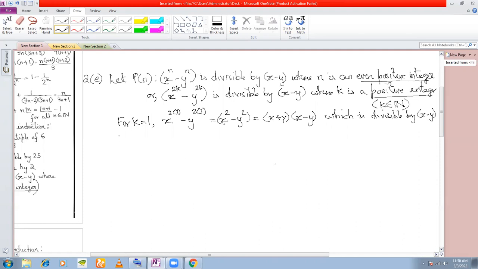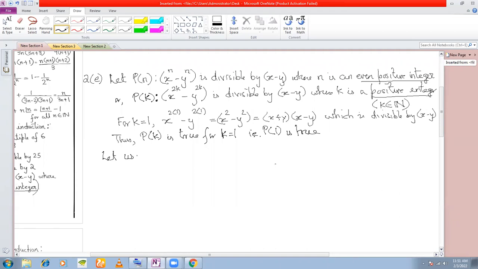So thus, let me write this as Pk, because this is Pn, we write this as Pk. Thus Pk is true for k is equal to 1, that is P1 is true, right?